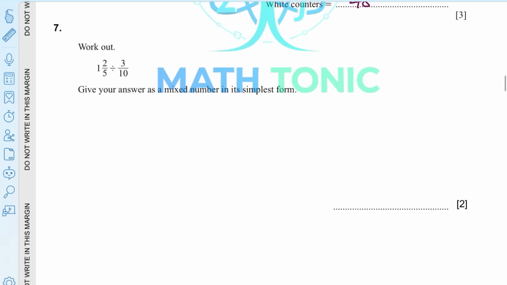Question number 7 is a fraction division. First step, we need to write the mixed fraction as an improper fraction. So 5 times 1 plus 2 is 7 over 5. This is divided by 3 over 10, and we know that in division we multiply 7 over 5 by the flipped next fraction, 10 over 3.